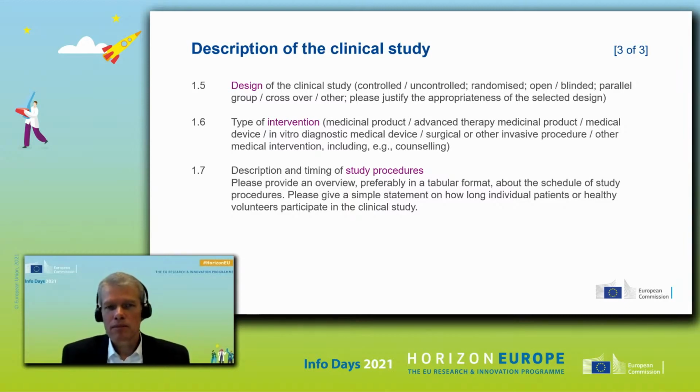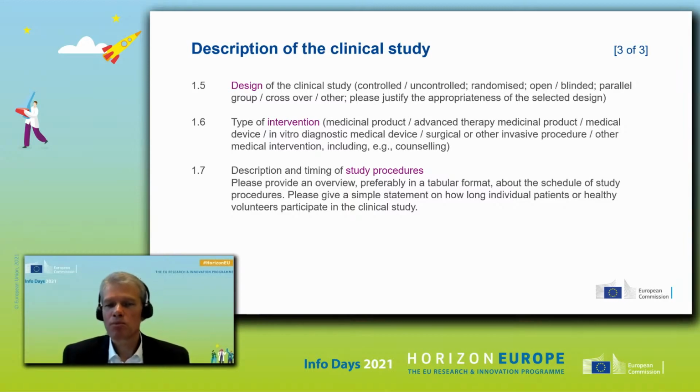Then the next subsection is about the type of intervention. This is pretty straightforward. We just would like to know what you are going to use as an intervention, whether it's a medicinal product, an advanced therapy medicinal product, a medical device, or it could be a surgical or other type of invasive procedure, or other medical interventions.